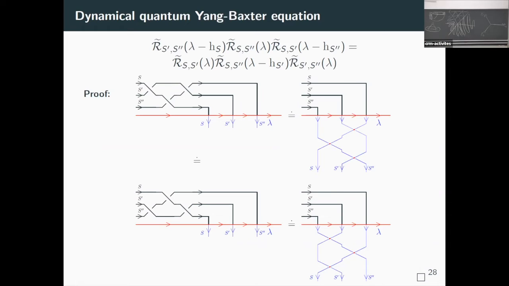And we can push all of the braidings that we have here through the red line. So we get the equality between the two diagrams here on the right-hand side. And if we then translate this back to their algebraic meanings, this will immediately give rise to the dynamical quantum Yang-Baxter equation. So there's no more need to do algebraic computations to prove this. It just follows immediately from the graphical calculus.